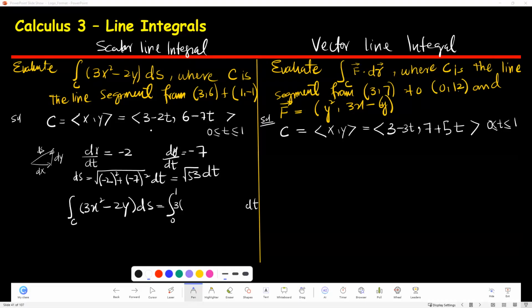I'm going to replace the x with 3 minus 2t, and the y with minus 2, 6 minus 7t. This one is squared.